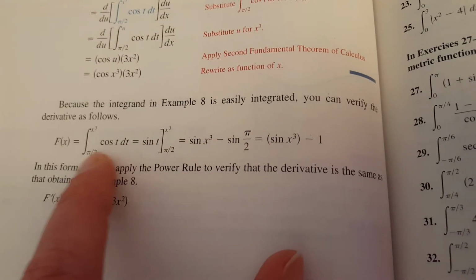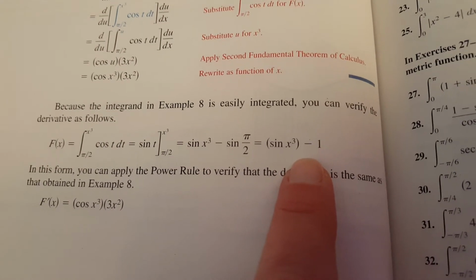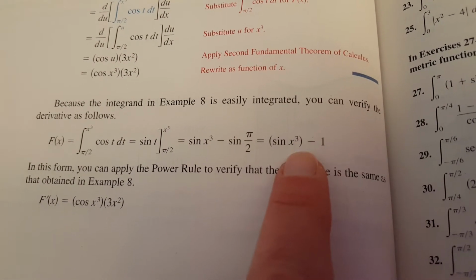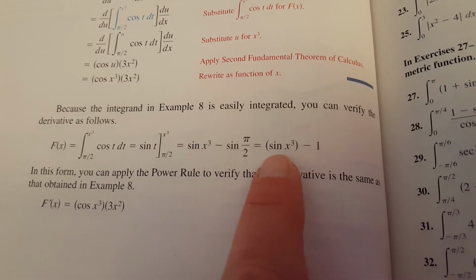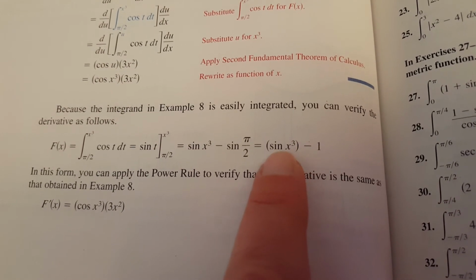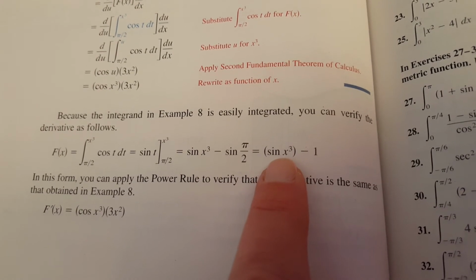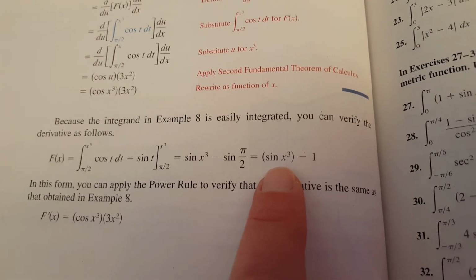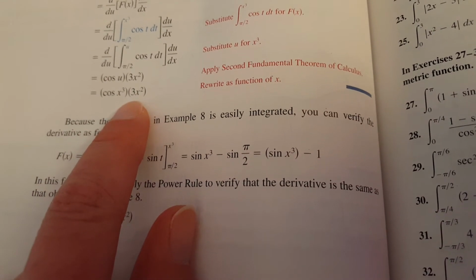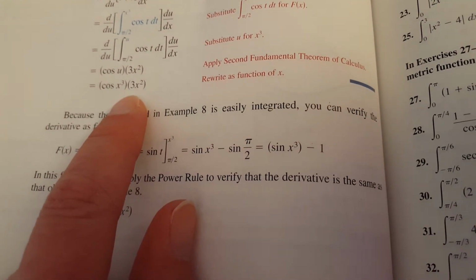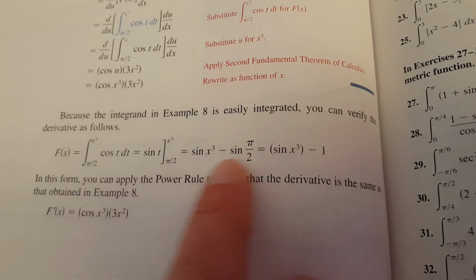Now that's the integral. If we want the derivative of the integral, we would have to take the derivative of this now. Well, the derivative of 1 is 0, so that's just gone. And the derivative of sine x cubed would be cosine x cubed times, chain rule, 3x squared, which they have down here. That's exactly what we got here. So the whole point of using this theorem is that you don't have to actually take an integral and then a derivative.